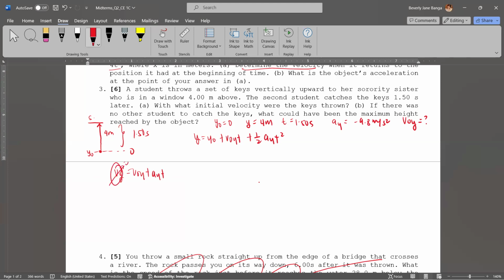So, pag in-assume nyo na yung Vy is 0, sinasabi nyo na yung highest na pwede niyang ma-reach is actually 4 meters, which is not the case. No? Kaya lang niya hanggang 4 meters yung naabot niya kasi may sumalo. Kaya nga may second question dito eh. Yung sabi ng second question, if there was no other student to catch the keys, what could have been the maximum height? No? So, ibig sabihin, posible na hindi 4 meters yung maximum height.